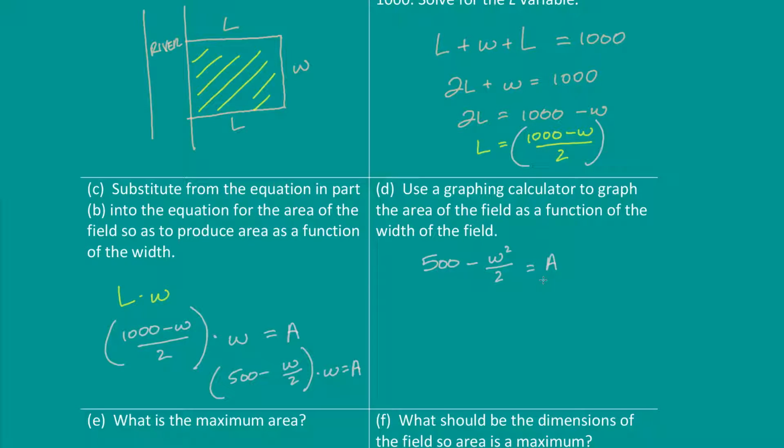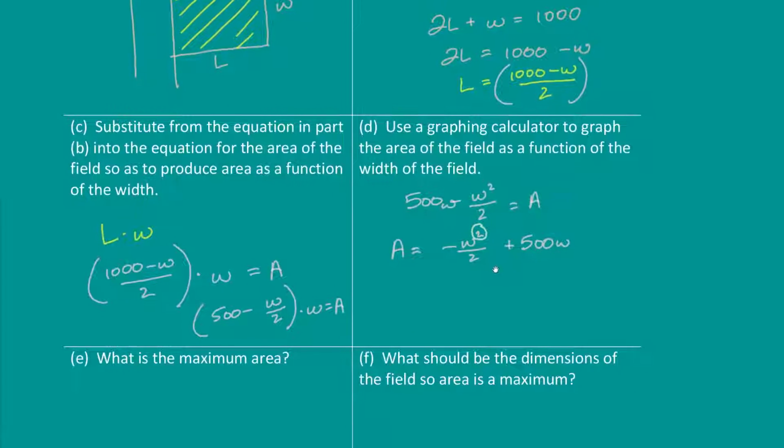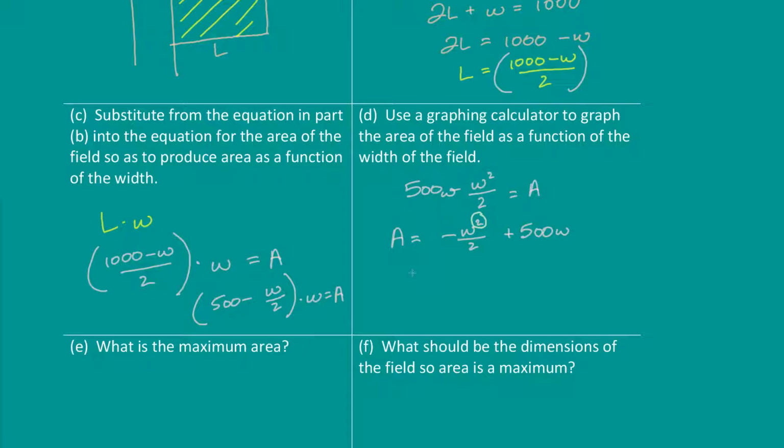Well, if I rearrange that, that's going to look like area equals negative W squared over 2, plus 500W. Now, you see this squared right here? Because of that exponent, we know this is going to be one of our quadratics, and this is in standard form.